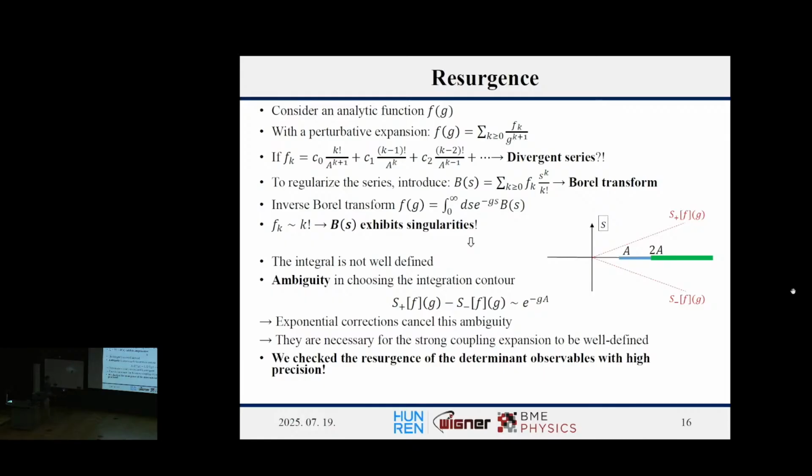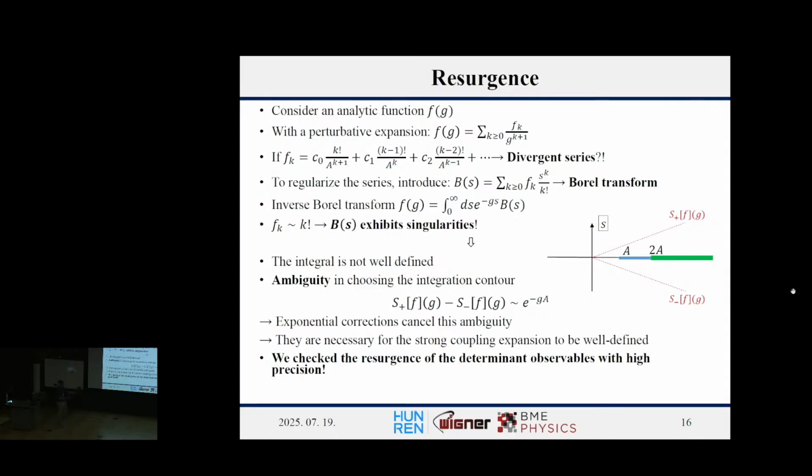But what is important is that if you want to resum this series, you find that it's divergent, since the coefficients grow factorially. So what you can do is divide them by this factorial. This is called the Borel transform. I denote this newly introduced function as BS. This is the Borel function.